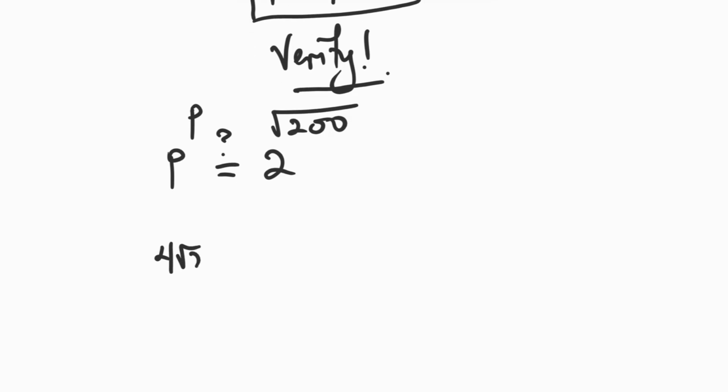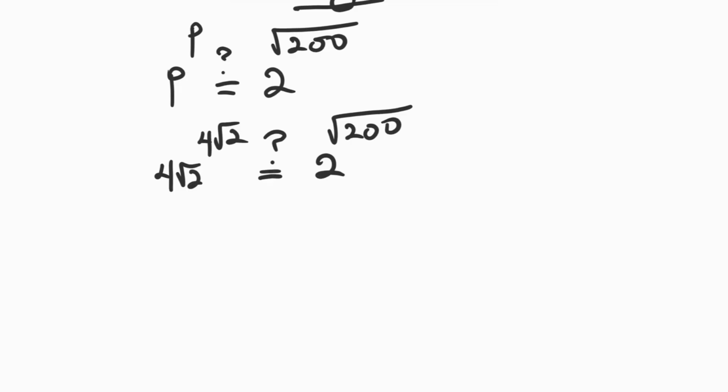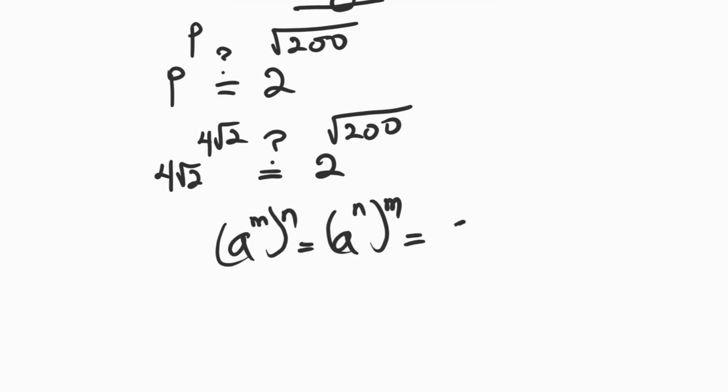So we have 4 root 2 raised to the power 4 root 2. We're trying to find out if it will be equal to 2 raised to the power the root of 200, right? Like we said earlier, a raised to the power mn is equal to a raised to the power nm, which is equal to a raised to the power mn.